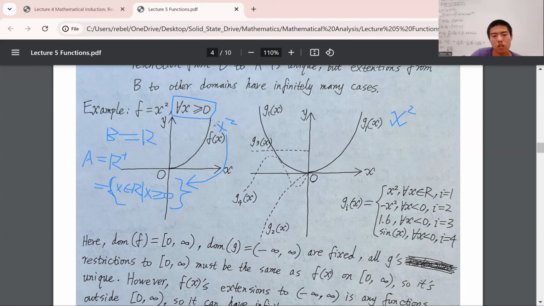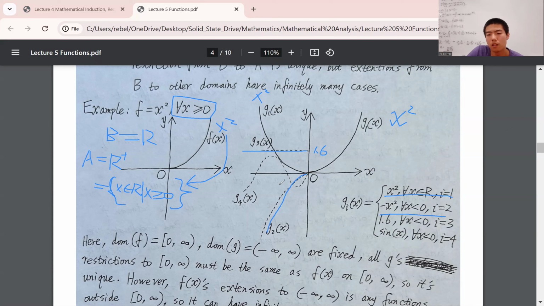But what about the extension of A to B? B is fixed, B is the real numbers, but it doesn't define how the function can go. So it can go like that, as G3. It can go this way because it doesn't say what this part will be. It can be x squared too. It can also be negative, the negative square of x, so it can also go this way.